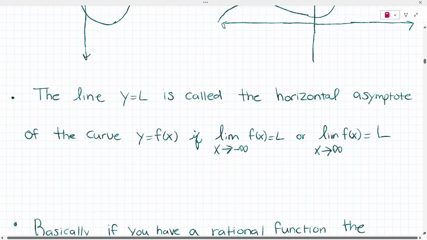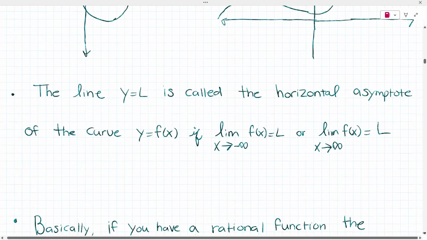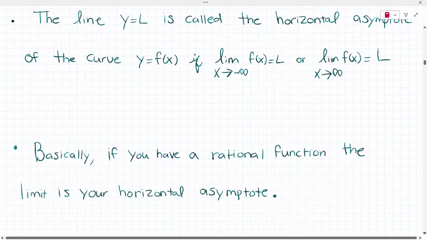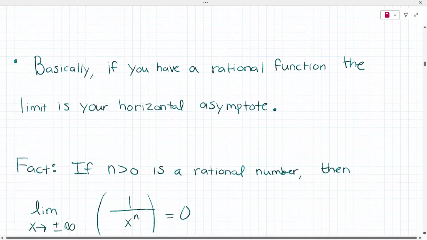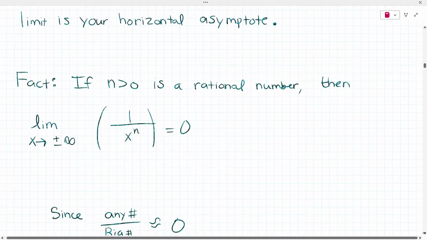The line y equals L is the horizontal asymptote of the curve y equals f of x if the limit as x approaches negative infinity of f of x equals L, or the limit as x approaches infinity of f of x equals L. Just like I said before, basically if you have a rational function, the limit is your horizontal asymptote.